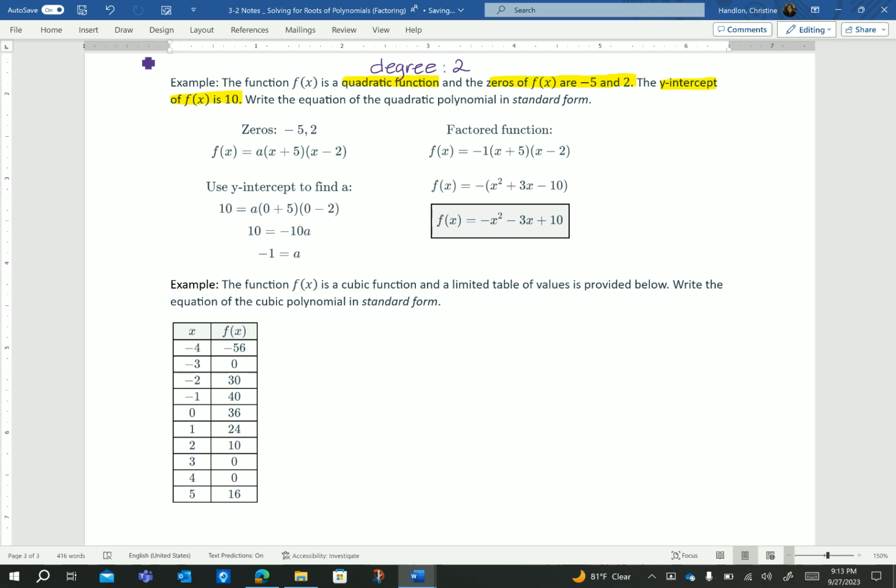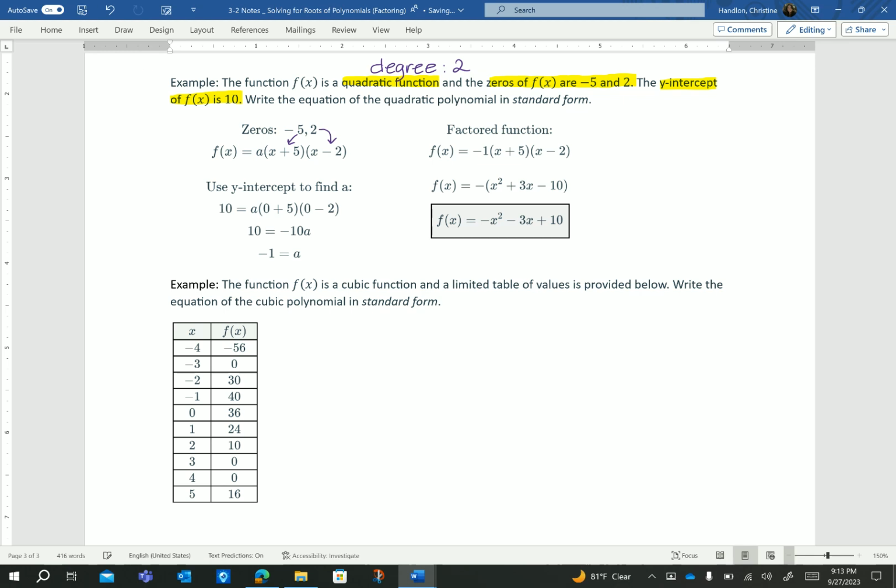Well, if you look over here to the left, because I know the zeros are -5 and 2, I can write the factors as x plus 5 and x minus 2, which is what I did. So -5 is written as x plus 5, 2 is written as x minus 2. Now, you are always going to put this a, because this is the coefficient you are looking for in the function. I know I'm multiplying these two factors, but I don't know what the coefficient's going to be. So that's what you're going to look for.